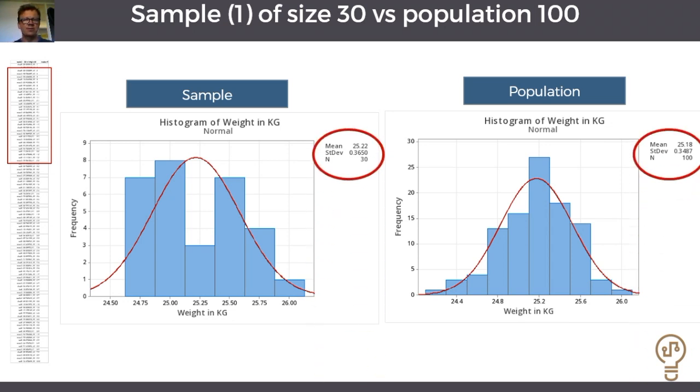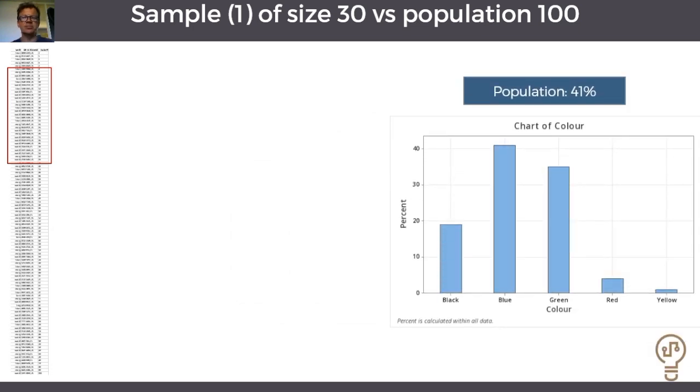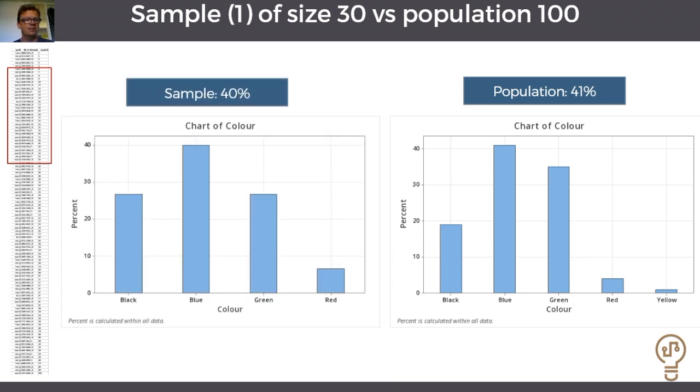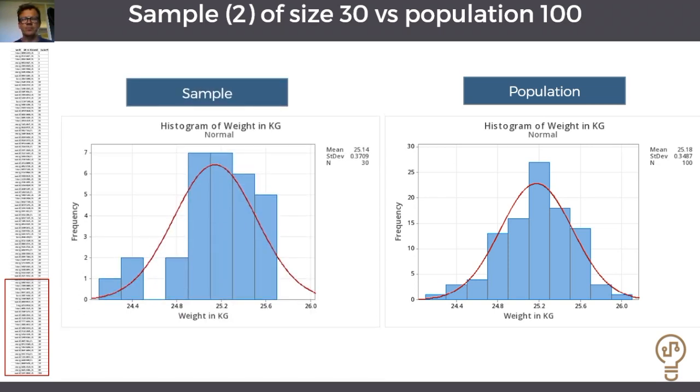So the standard deviation and the mean of the sample differ slightly from the exact true values of the population. And when you look at the percentage of shovels that are blue, in reality in the population it's 41%. Your sample shows a percentage of 40%. When you take a second sample of 10 products, it shows a different outcome.